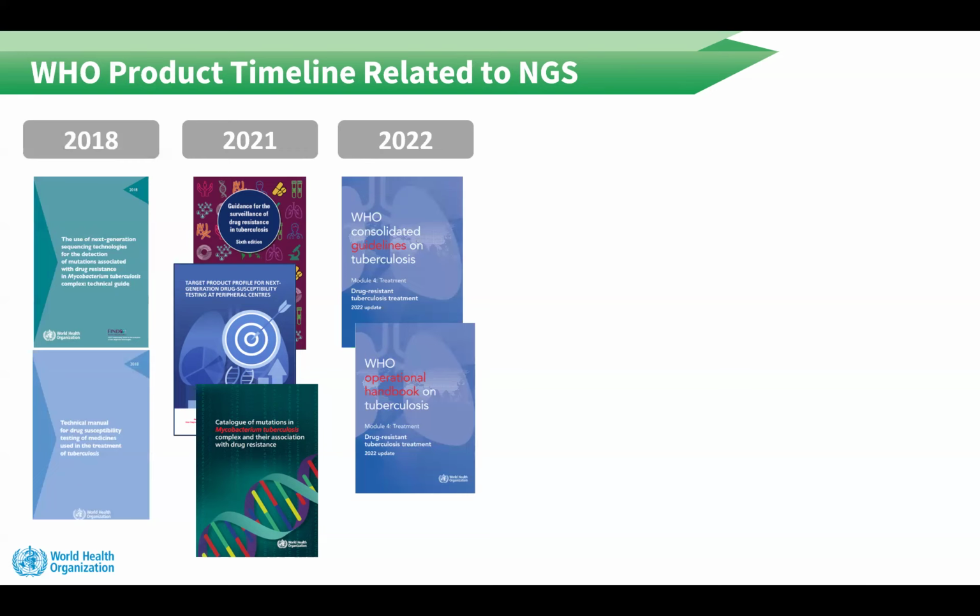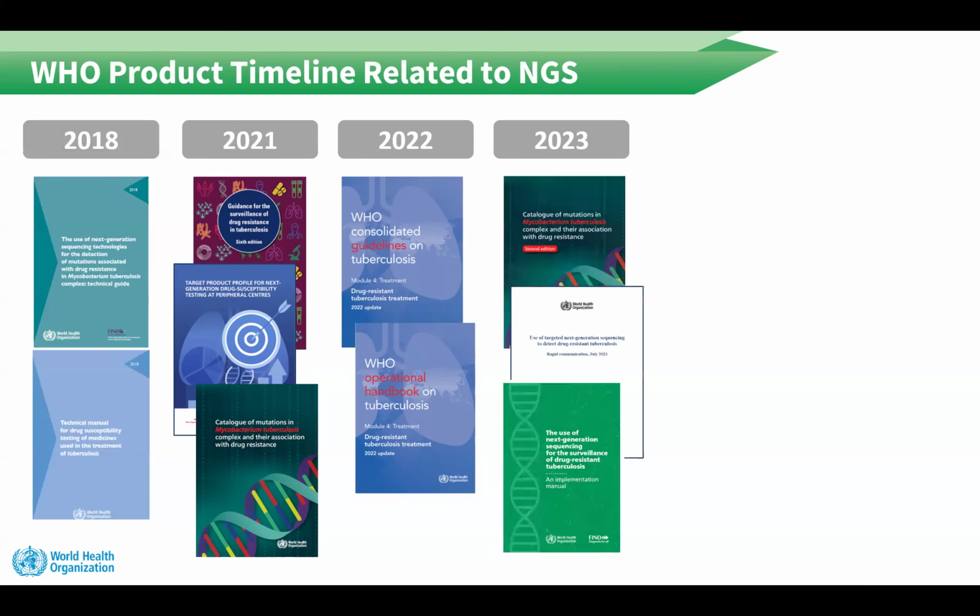In 2022, WHO released new consolidated guidelines on TB drug-resistant treatment, which led to needed changes in drug susceptibility testing profiles. In 2023, the second edition of the Catalog of Mutations of MTB complex and their association with drug resistance was released that incorporated the latest information regarding mutations associated with resistance for updated interpretation guidance.